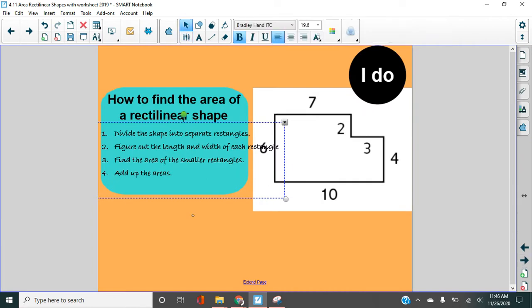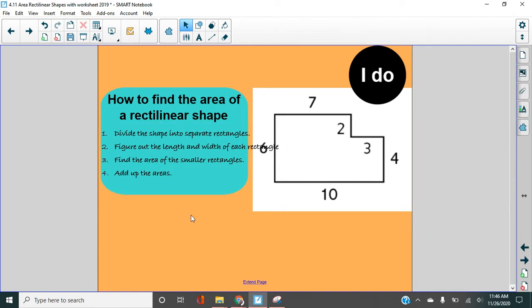So here's our steps, right? You can look at step number 1 here. It says divide the shape into separate rectangles. So, right, you're going to divide this into a big pool and a baby pool, right? And so we're going to be using the line tool today and dividing it right there.